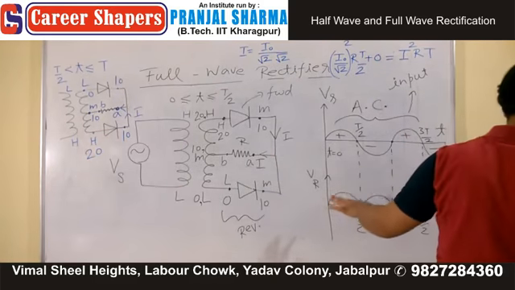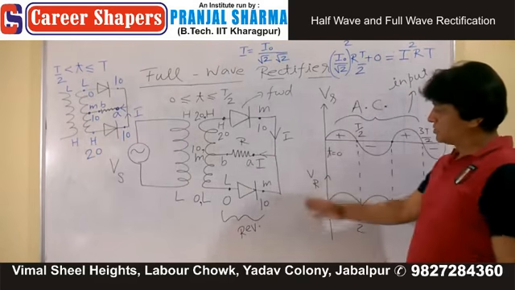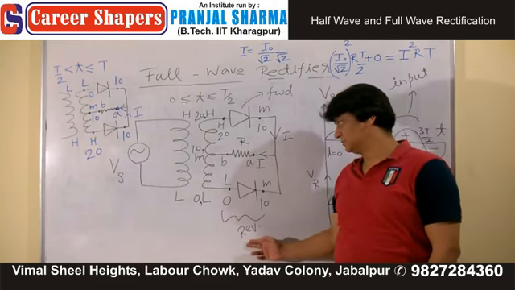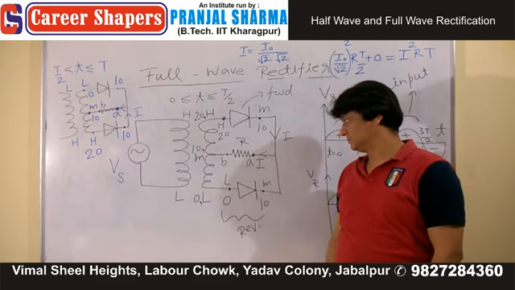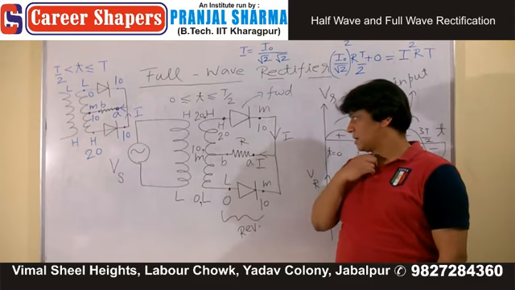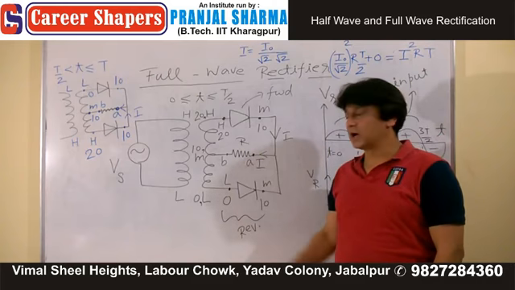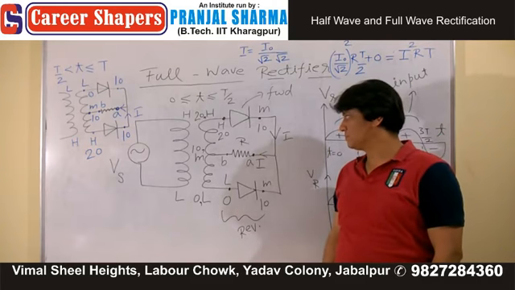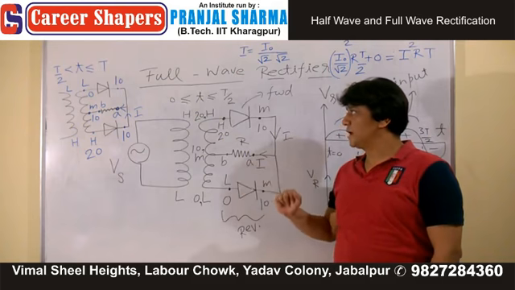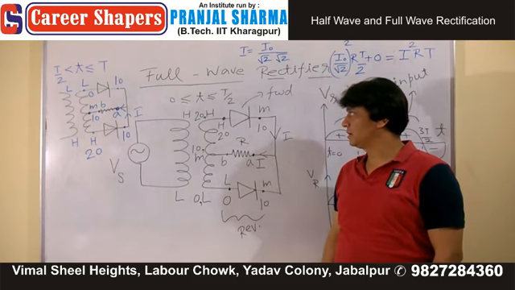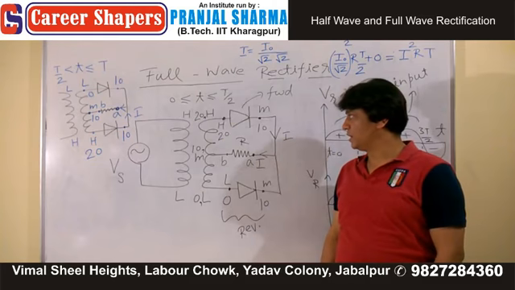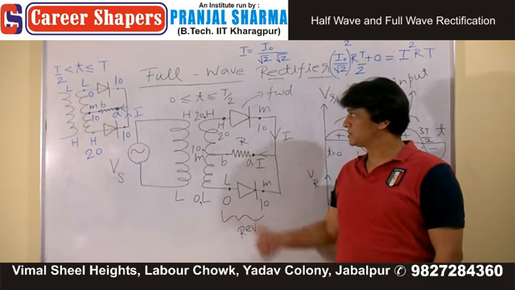Lower diode, bottom diode, is in reverse bias. And therefore current flows from A to B. Current flows from A to B in the external load.